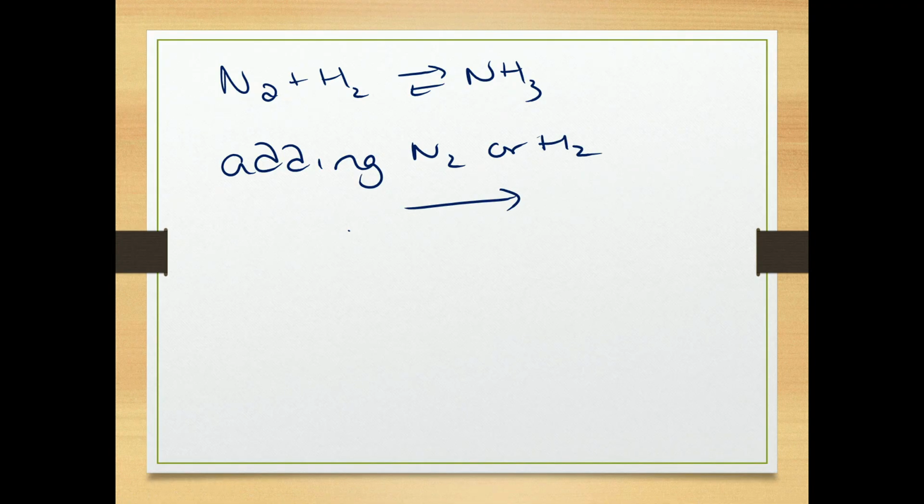I'm adding reactants, it will push it forward. Adding NH3 would send it backwards. Again, my Q would now be different. I've got more in the numerator, Q becomes greater than K, it will shift it backwards.